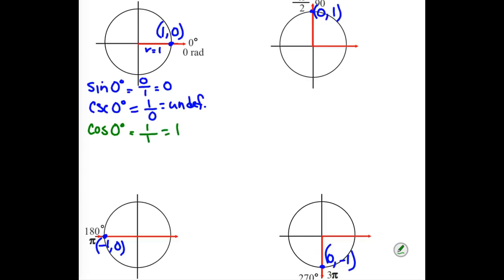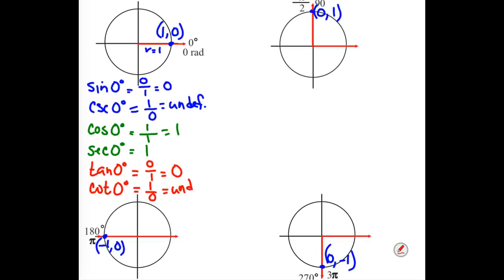So our cosine of 0 degrees is 1. Our secant of 0 degrees is the reciprocal, which also is 1. Tangent of 0 degrees. Tangent is y over x. So in this case, 0 divided by 1, or 0. And cotangent of 0 degrees is x divided by y, 1 divided by 0, which is undefined.